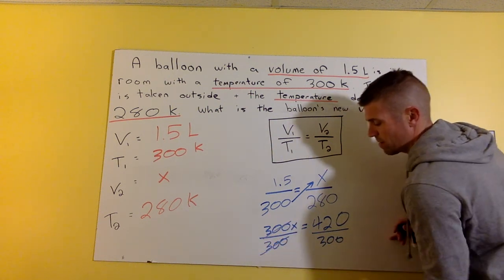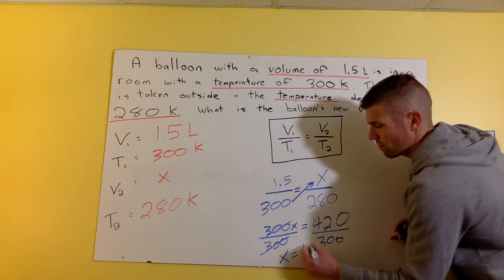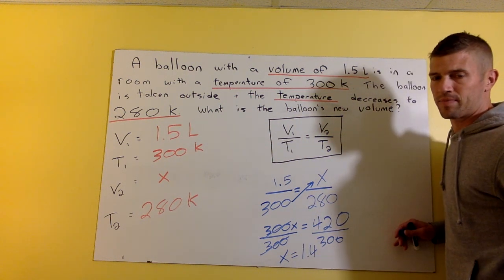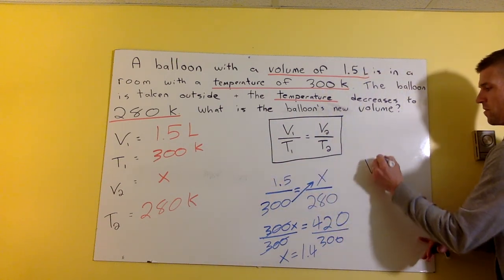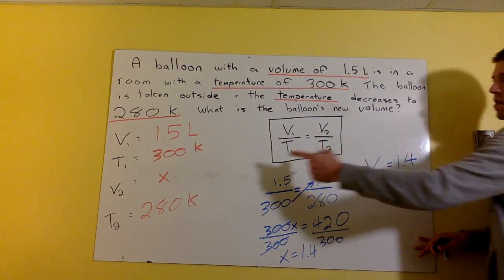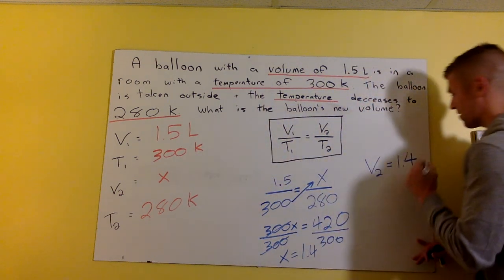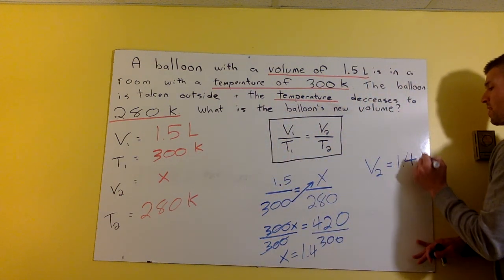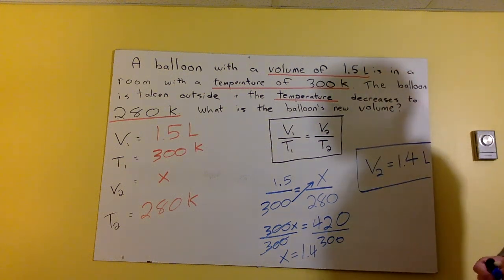Those 300s cancel out, and I'm left with X equals 1.4. Now, it's a volume, so V2 equals 1.4. What unit is it? It's liters because my volume up here is in liters. So 1.4 liters, right there is my answer.